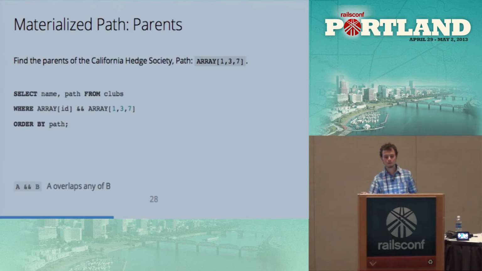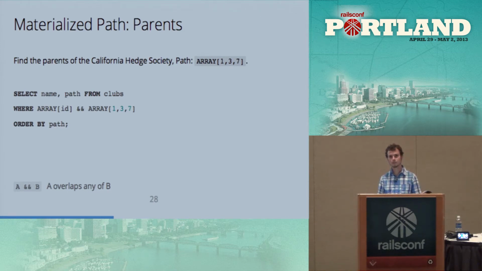What about the converse? What if you want to find the parents of a record? Well, we already said that a materialized path is just the list of the IDs of the parents of that record. So if we already know the path, California Hedge Society, its path is 1, 3, 7, we can take that and then compare that with the ID of each record. Here we're going to wrap up that ID, if you notice ARRAY[id] in the where clause.